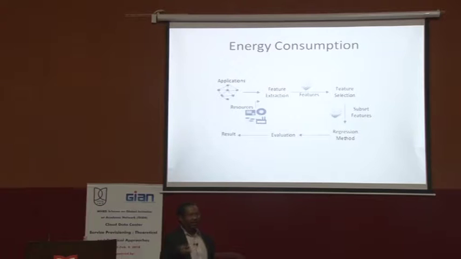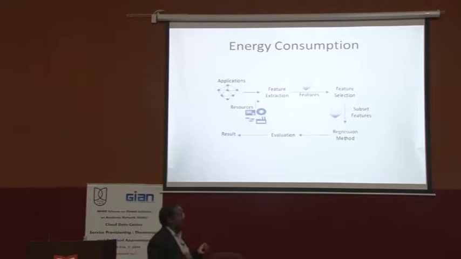And through the regression model, we can actually now evaluate our model. So you give me a data center, and you give me these workflow applications. We will actually tell you this is the energy consumption for this set of applications from time t0 to time tn. So we are just modeling, okay?